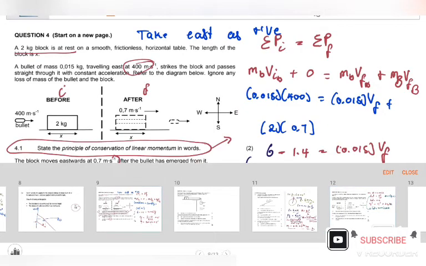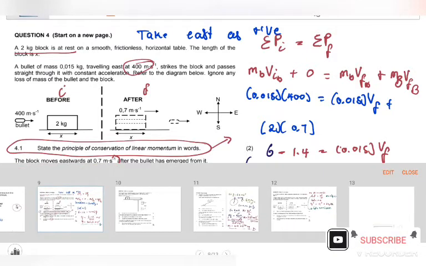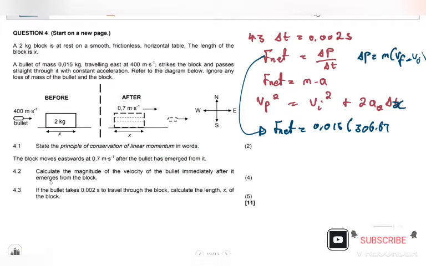We don't close the bracket, we subtract 400, and then we divide by 0.002.